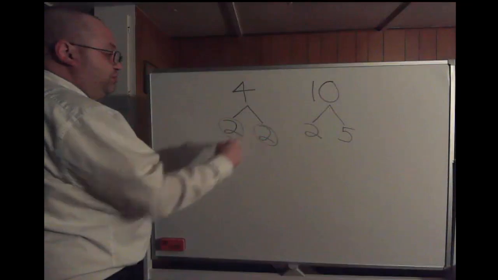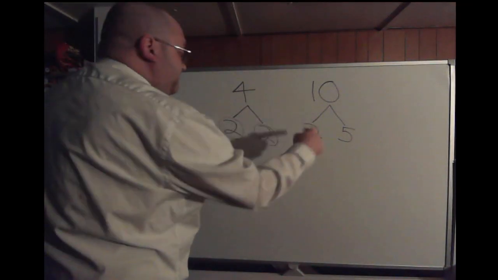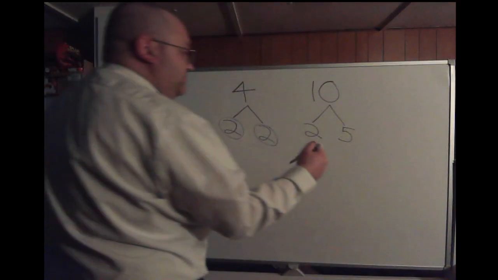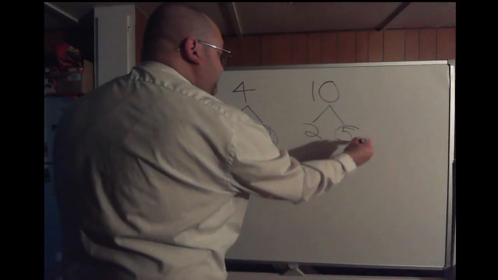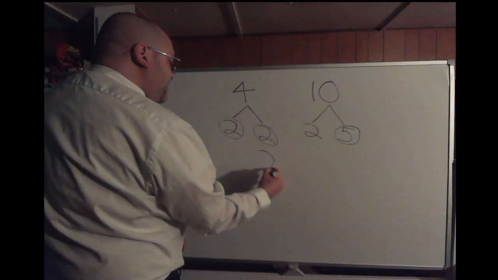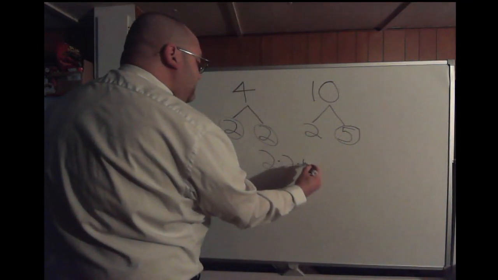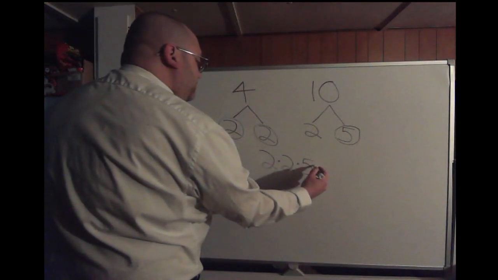So you would circle both of those 2's. And then if there's any other factors that are not common to both numbers, you circle them, like the 5. So what you're going to have is 2 times 2 times 5, which would be 4 times 5.